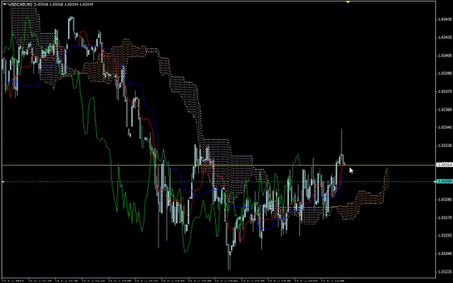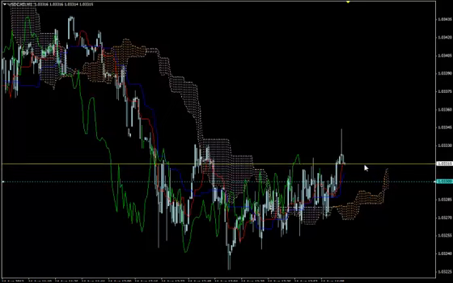So if we see a bearish Kumo breakout here, which we don't see now, we see price being above the Kumo, we had a bullish Kumo breakout a few minutes ago, but here things change every minute.